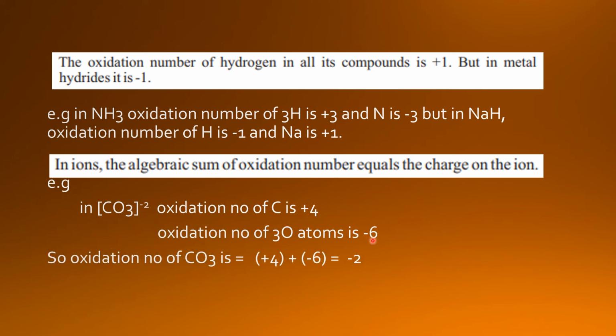So when we sum up these two values, +4 and -6, we get the -2 charge. So this -2 will be the charge on this carbonate ion, this complex ion.